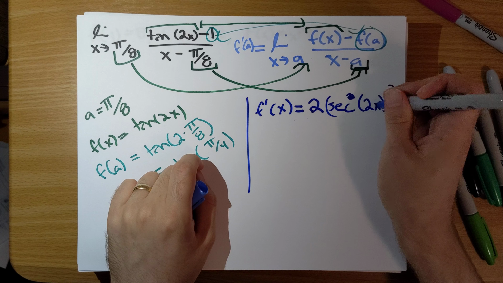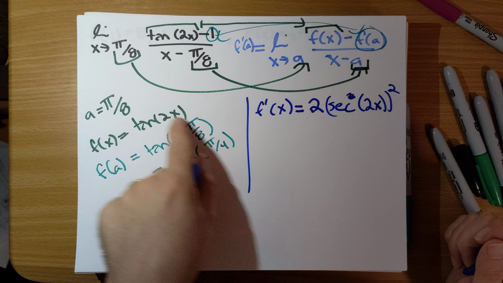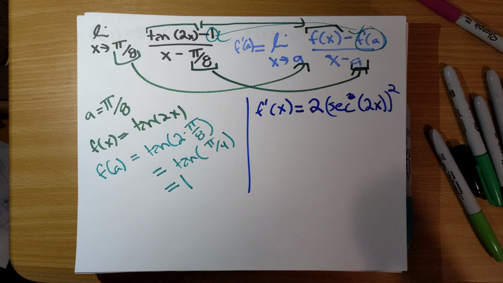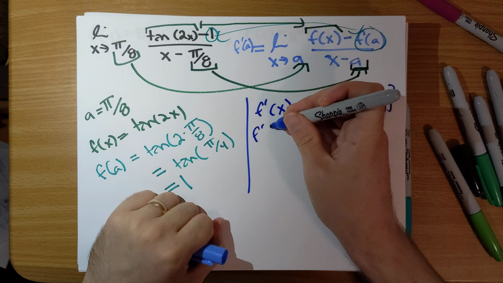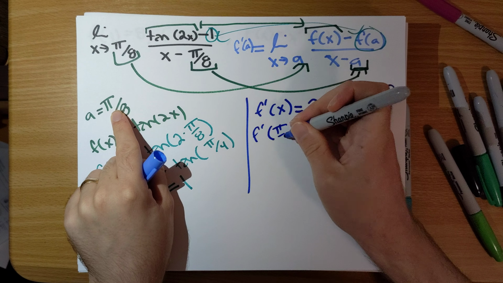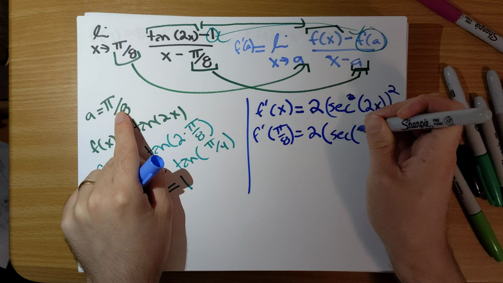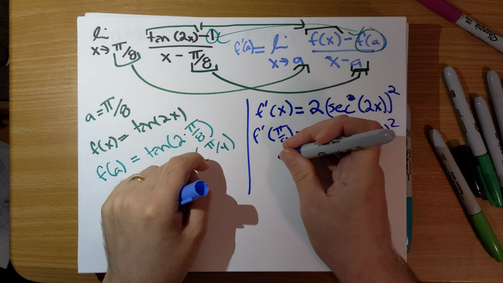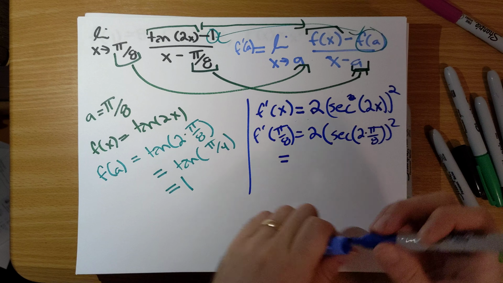We're using the chain rule and the rule for the derivative of tangent to come up with f prime of x here. So f prime of a, f prime of pi over 8, will be 2 times secant of 2 times pi over 8, squared.